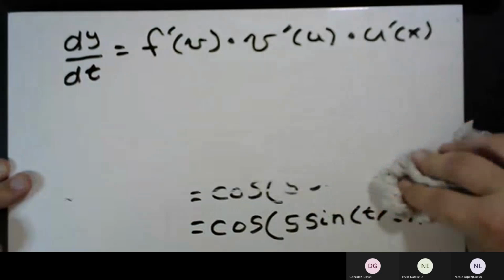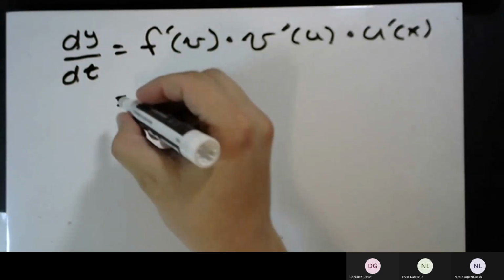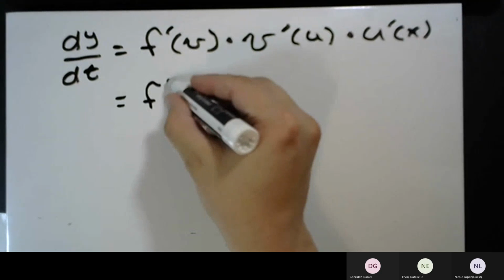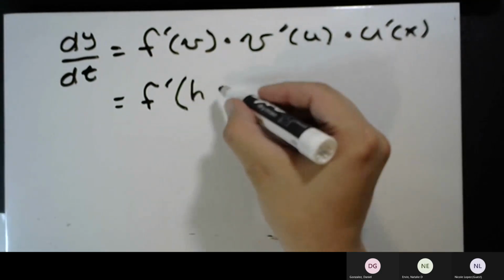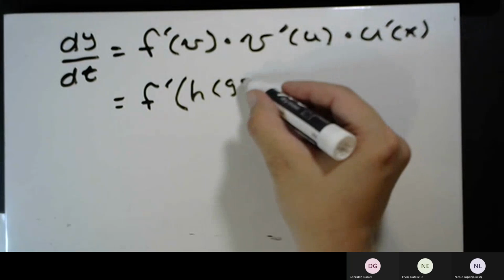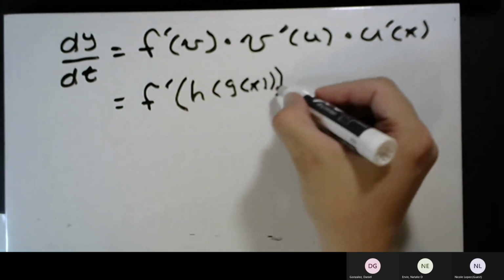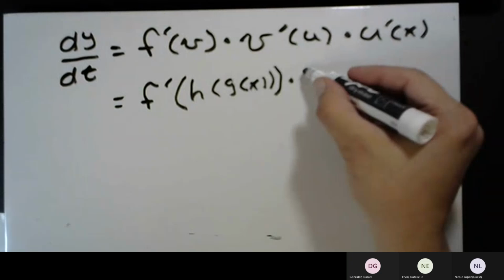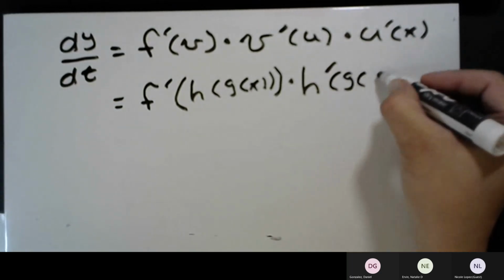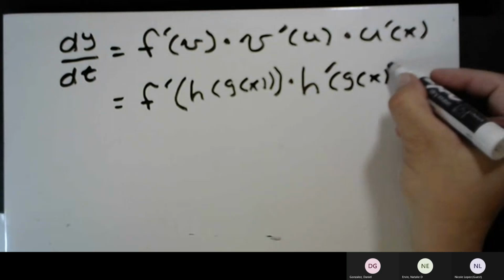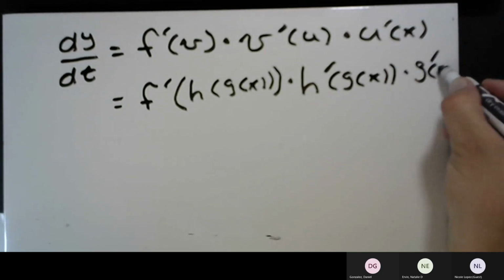Or put another way, this will be f prime h g of x times h prime g of x times g prime of x.